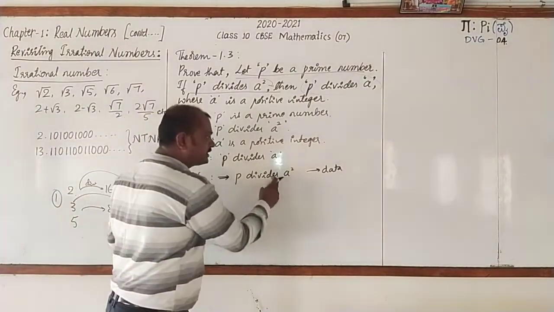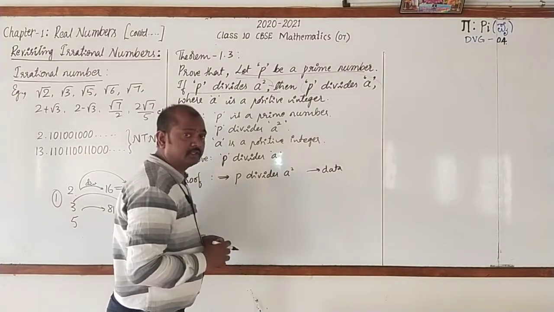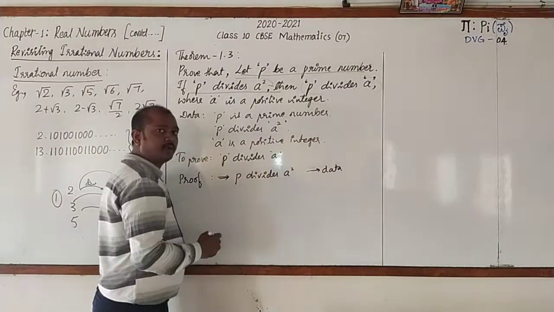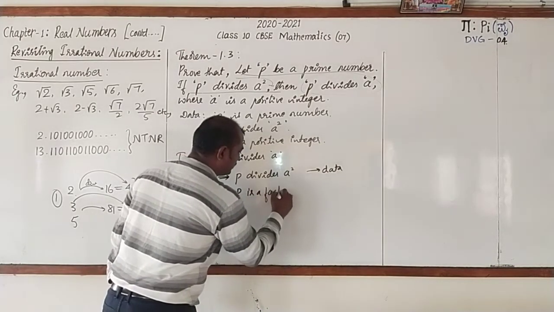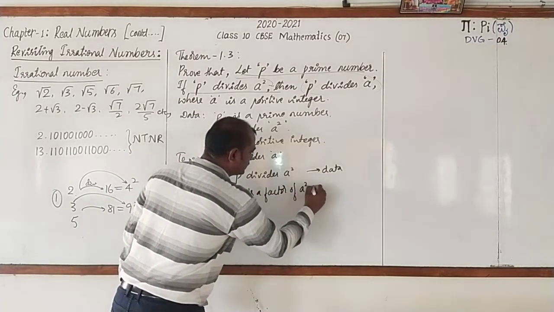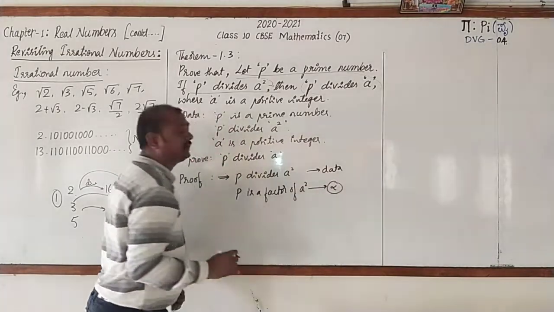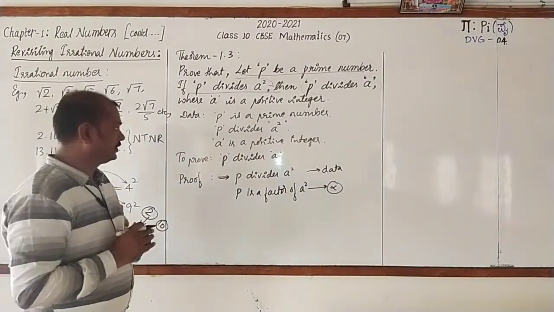If P divides A square, then can we write P is a factor of A square? Yes. P is a factor of A square. I call this statement alpha.